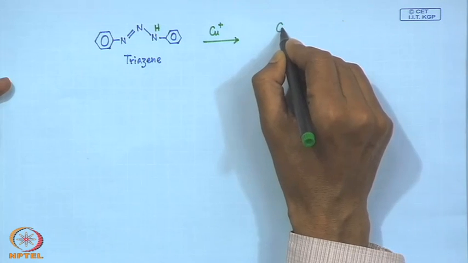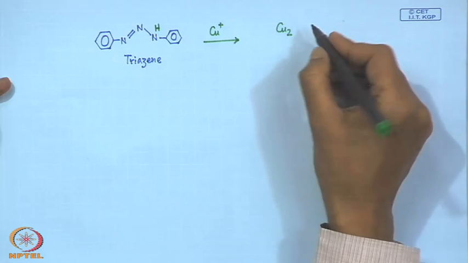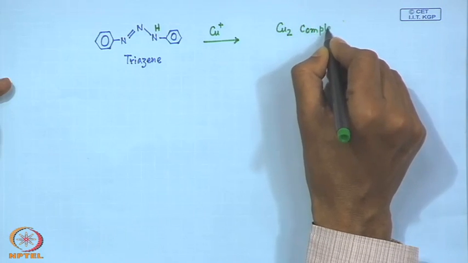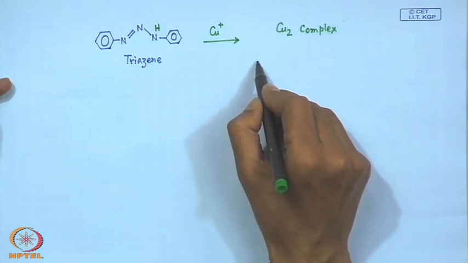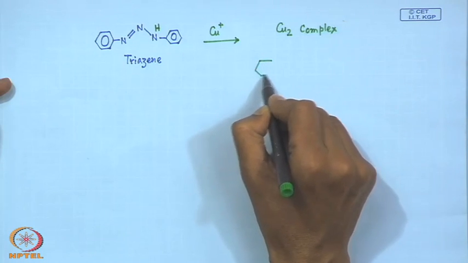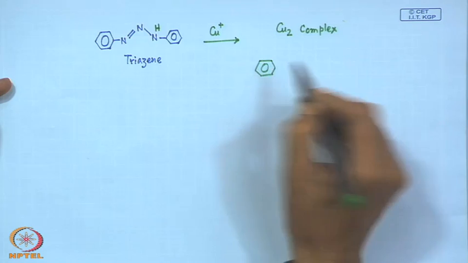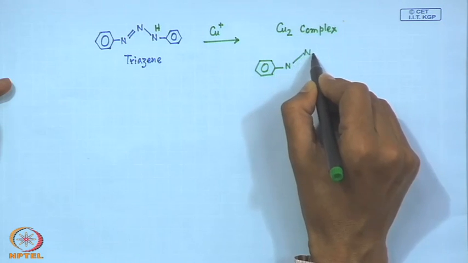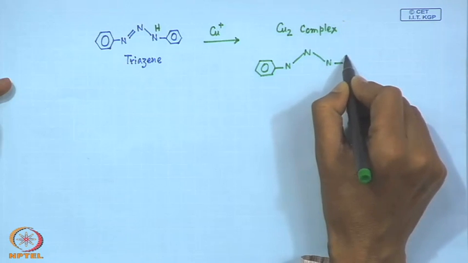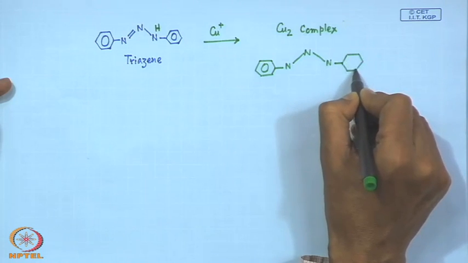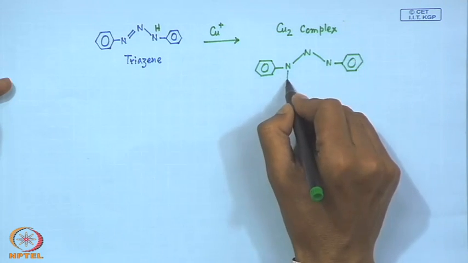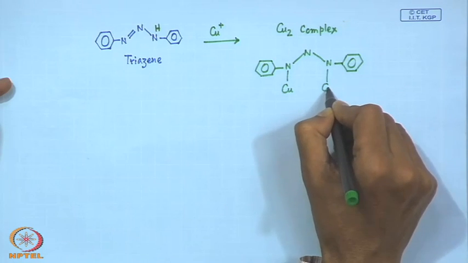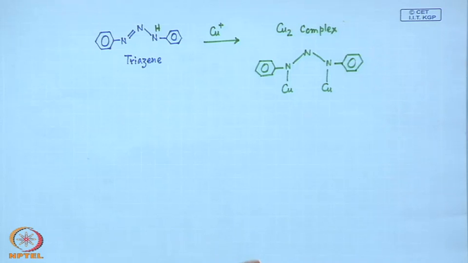So, what do we get? We get a copper 2 complex, where this nitrogen will bind to one copper and this will bind to another copper.